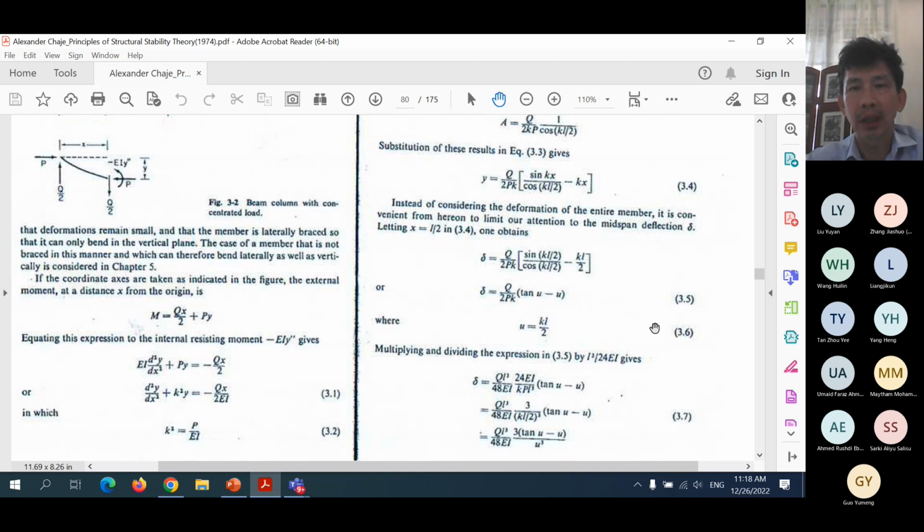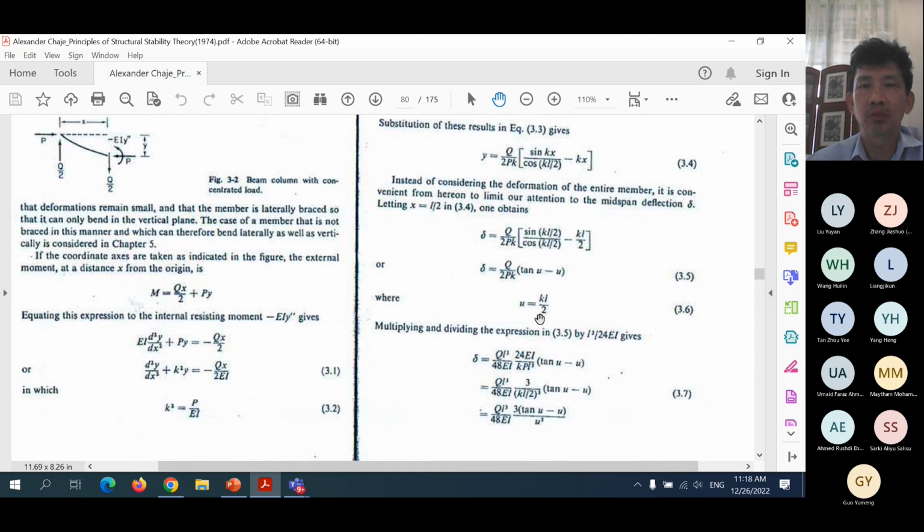U is KL over 2. So tangent U means tangent KL over 2 minus KL over 2. This is simply rewriting this and then simplifying by introducing this symbol U.